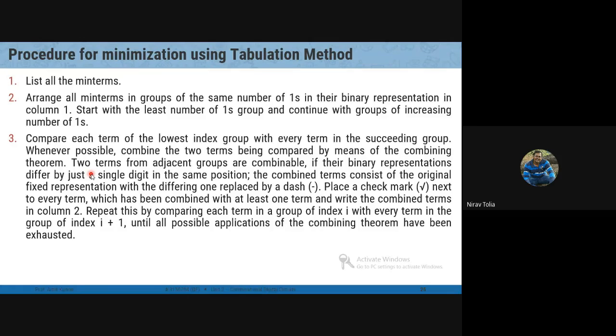So how do we combine? Two terms from adjacent groups are combinable if and only if their binary representations differ by just a single digit in the same position.